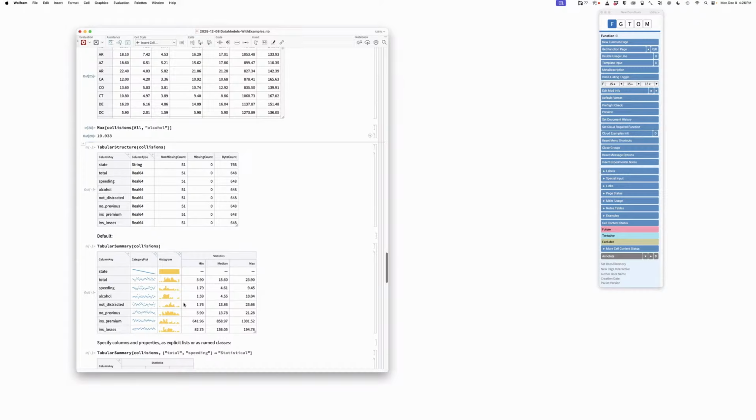I understand. The thing I'm objecting to is that it would be nice if tabular summary or tabular structure was some very simple piece of code that made this particular one, and you could make other ones. Whereas here, each of these is non-trivial, like count except missing and things like this, right?